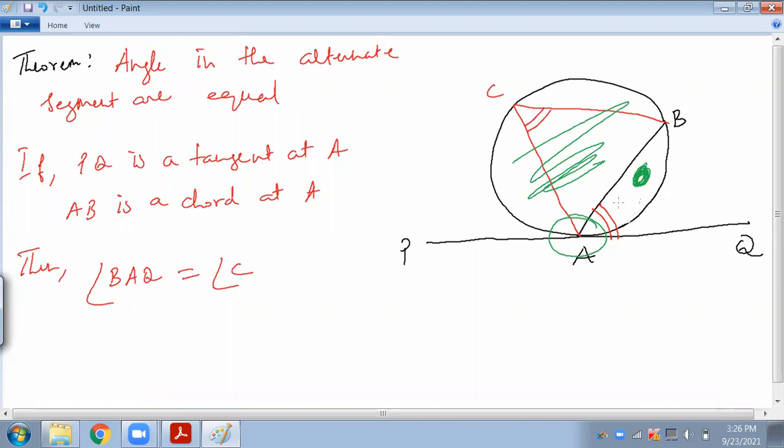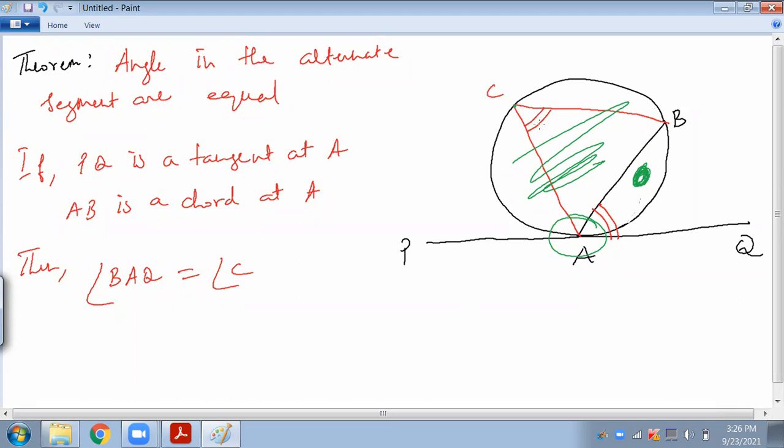So for angles in the alternate segment, there will be a tangent, and a chord at the point of contact. The chord makes an angle with the tangent in one segment, and the chord subtends an angle in the opposite segment at the circumference.